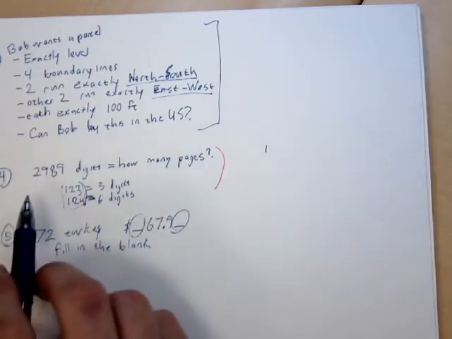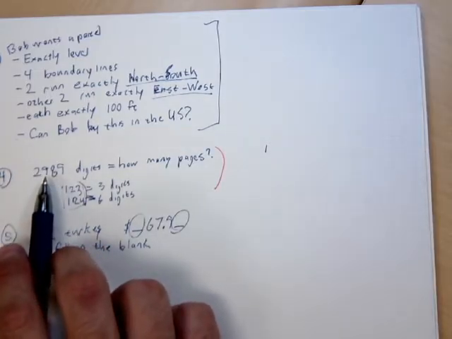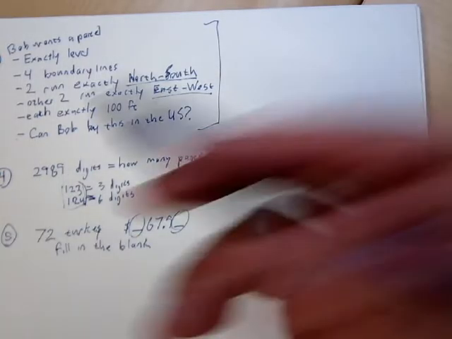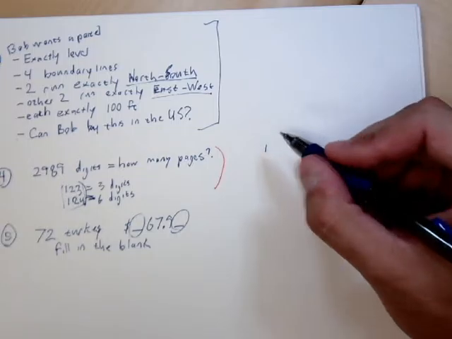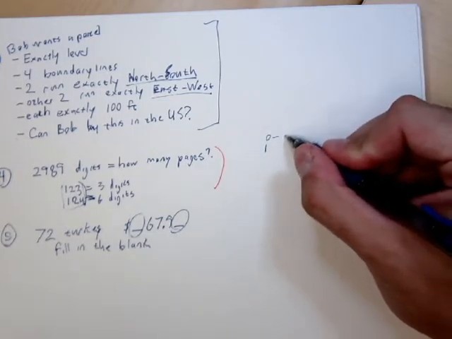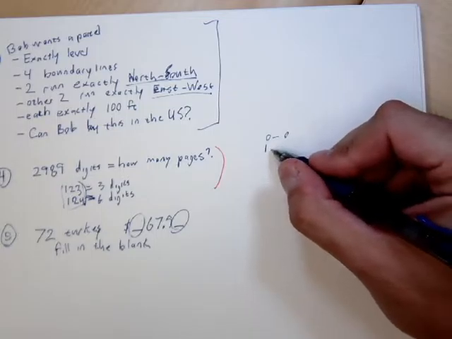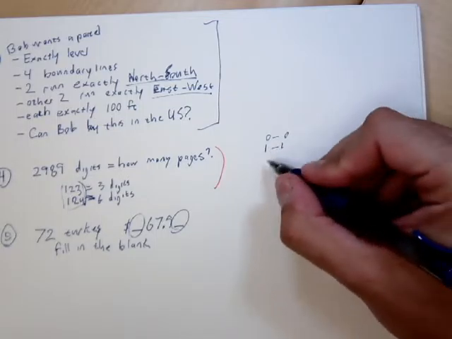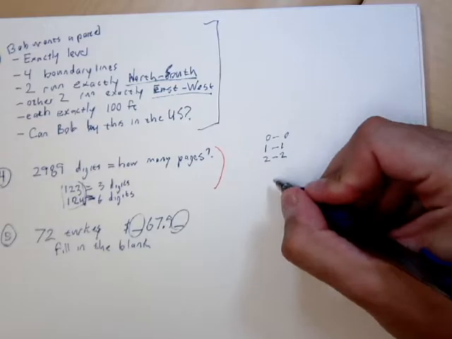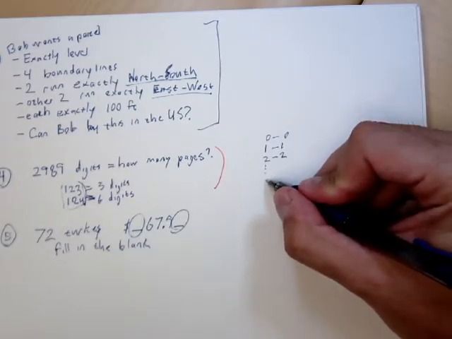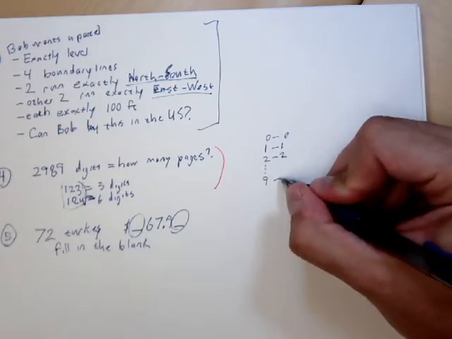So I guess the strategy I'm using is breaking it down into the simplest problem I can think of. 0 pages take 0 digits, so that's not interesting, but I can mark it down. 1 page takes 1 digit. 2 pages take 2 digits. And I can see that that pattern is going to continue on. 9 pages take 9 digits.